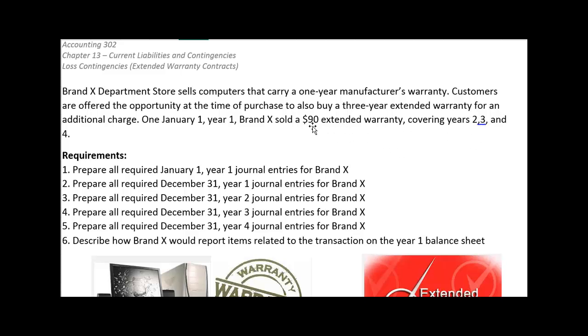So a third of the liability should be current. 2/3 should be long term. So really I should have current liabilities here: unearned warranty revenue. I'm going to earn a third of it. And then I would have some sort of a long-term liability, and that would be unearned warranty revenue for the remaining $60.